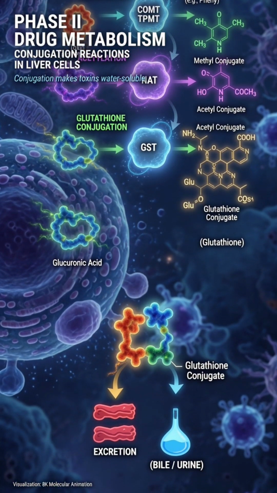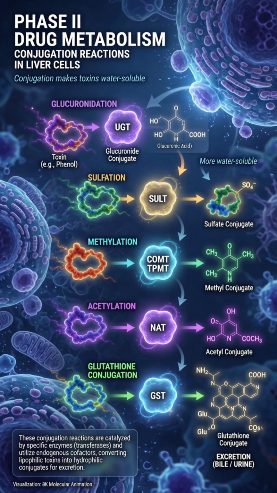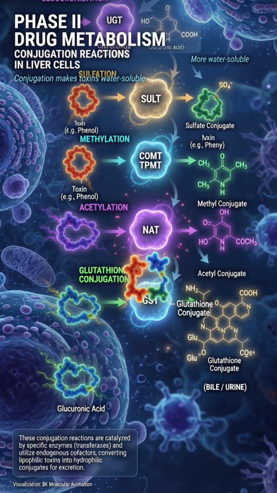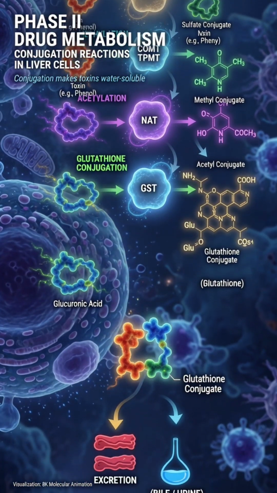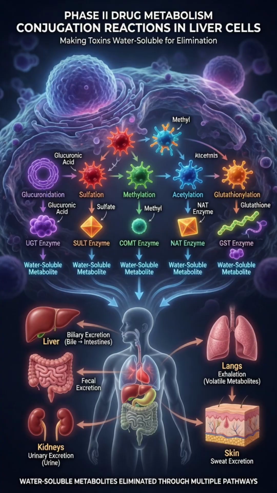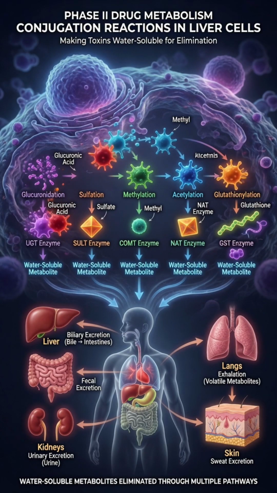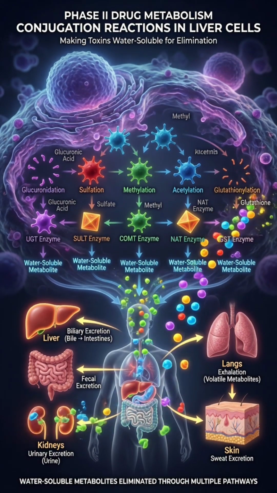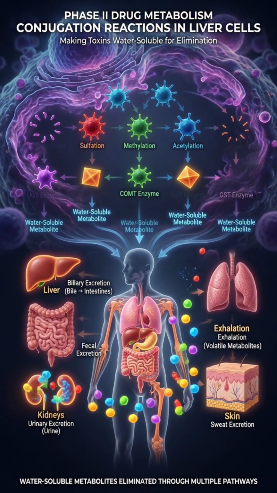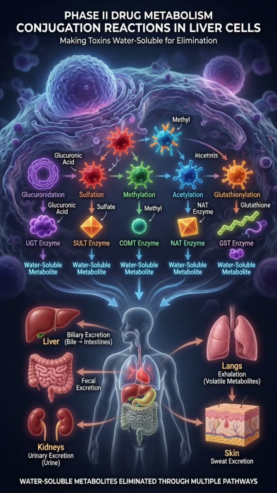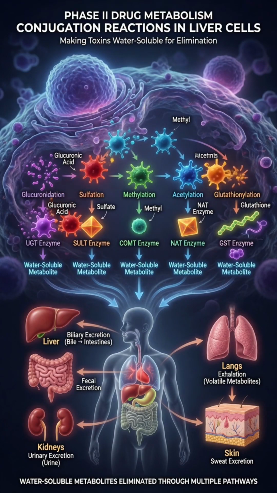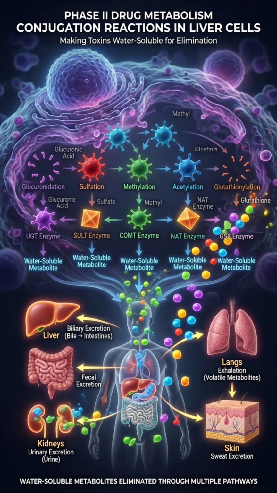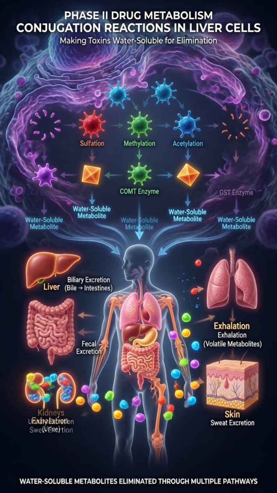When you look at this video here, you can see molecules attaching glucuronic acid, sulfate, methyl, acetyl, and glutathione groups to the toxins. You can also notice chemical conjugation reactions occurring with molecular animation, making toxins water soluble, as you can see in this infographic animated video.